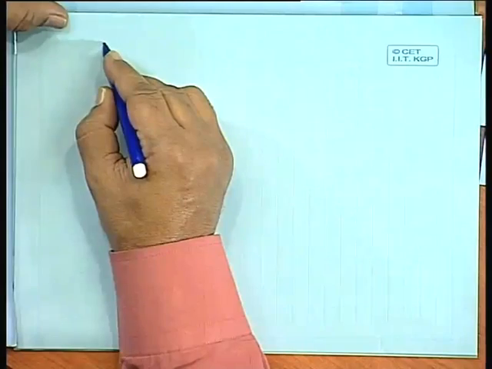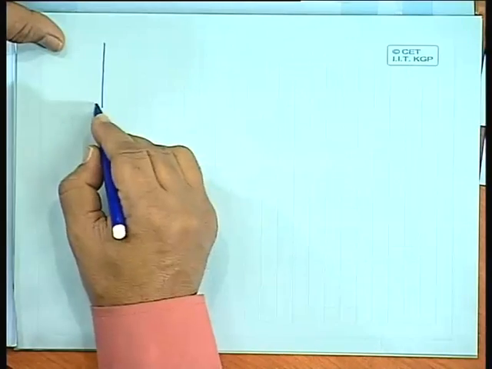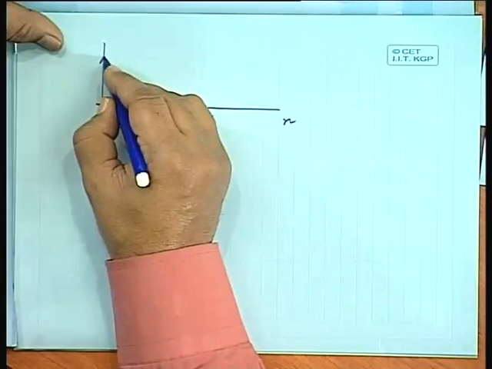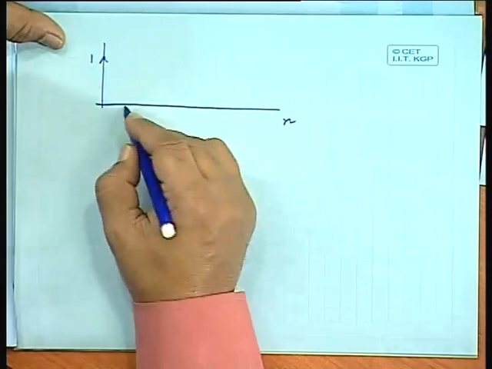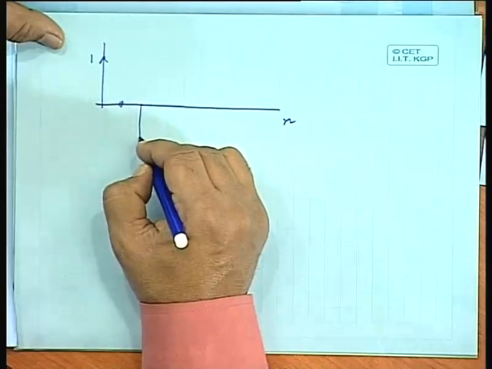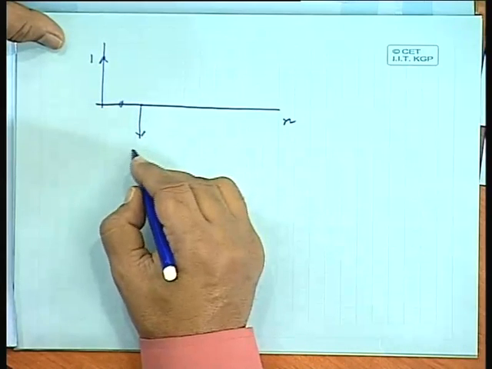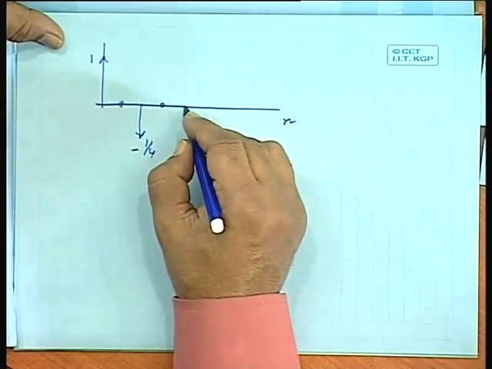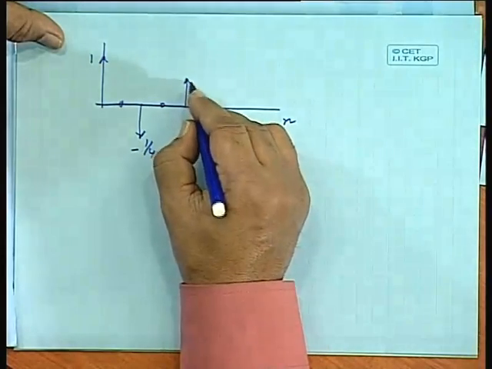Now, suppose we have a function f[n], say this is 1, 0, minus 1 by 4, 0, then 1 by 16.